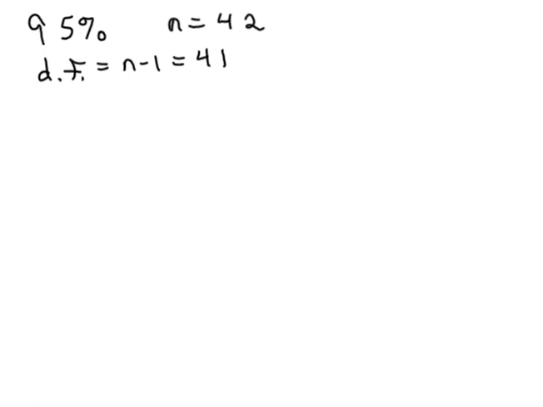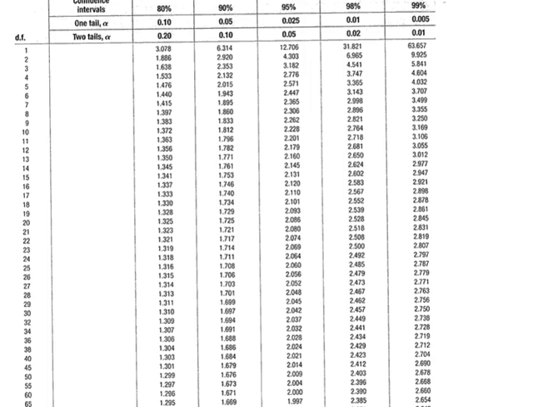Now when we go to that t-table and we look for our t, we are looking in the 95% confidence interval, right down there. And our degrees of freedom along here, we were looking for 41 degrees of freedom.